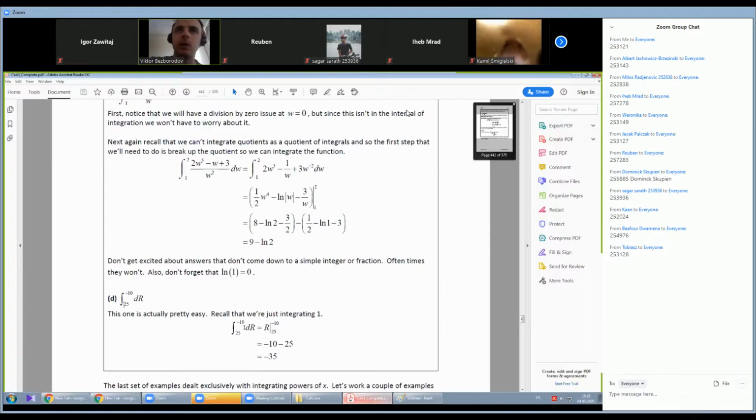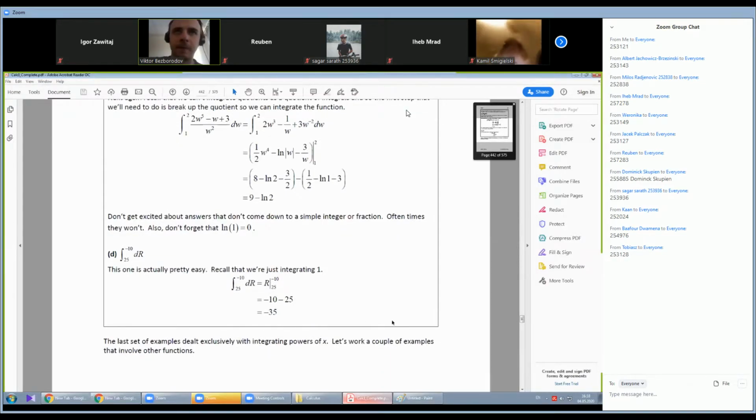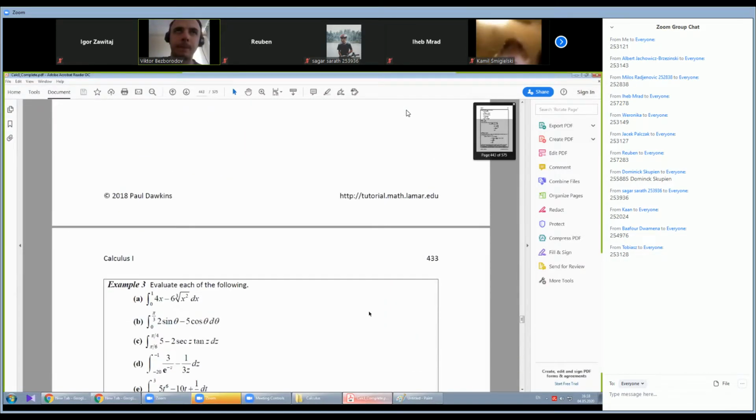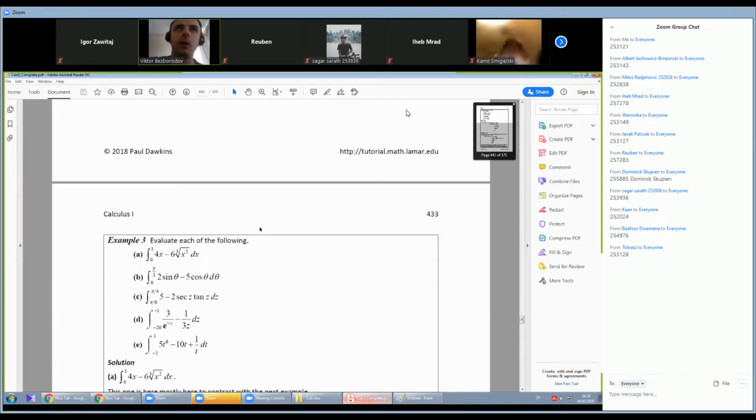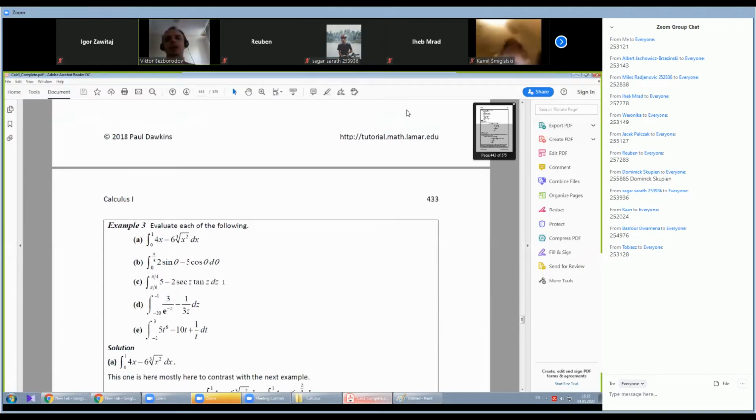The antiderivative of 1 is just the identity function, so f of r equals r. So you have here r, and this is your antiderivative. Basically, the computation of a definite integral very much comes down to the computation of the indefinite integral.